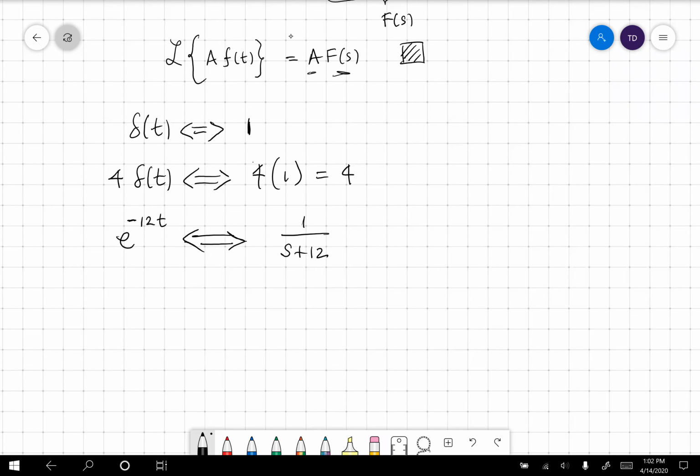Okay, if that's 1 over s plus 12, Jordan, I want the Laplace transform of minus 6 e to the minus 12t. Is it 6 over s plus 12? Almost. This minus is going to stay with the number. Keep it with the number, okay? So it's minus 6 over s plus 12. So the constant here is A, it's minus 6. So that whole thing comes over with us.